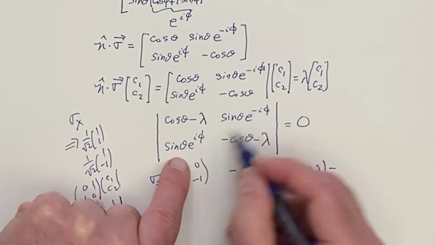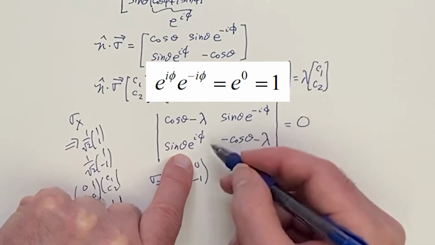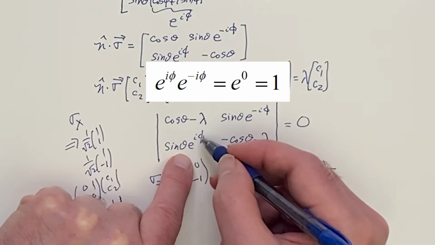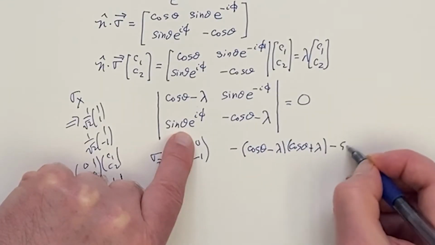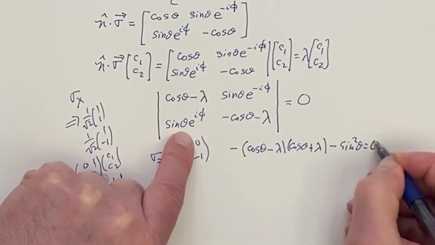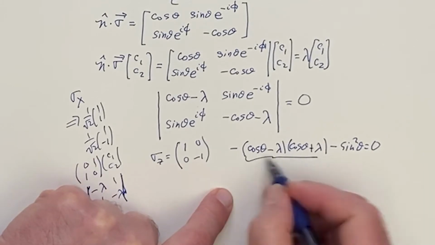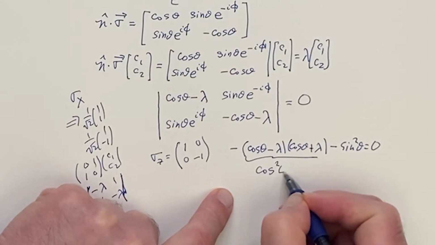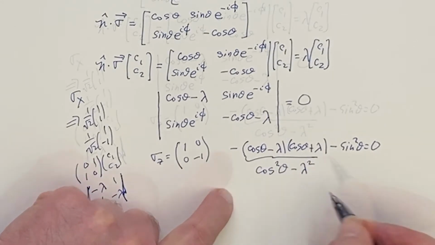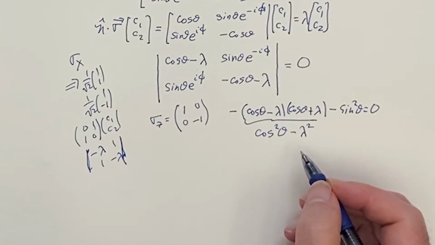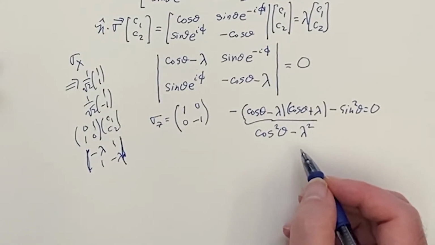And then I'm going to subtract this one. These exponentials go away. So this is going to be just sine squared theta. And this is then the difference of squares, cosine squared minus lambda squared. That's cool. So got a really nice equation here.